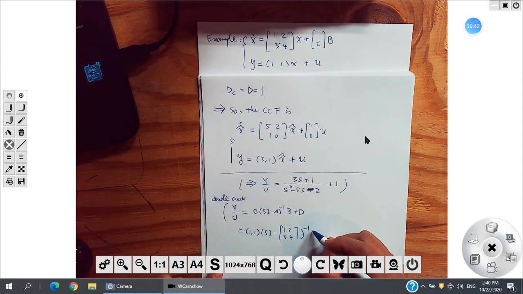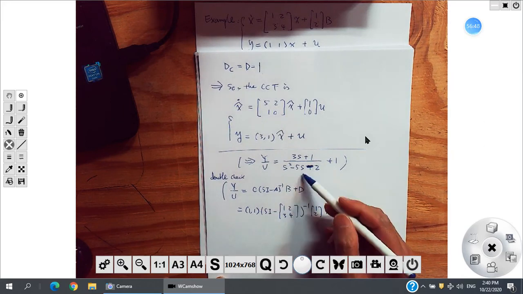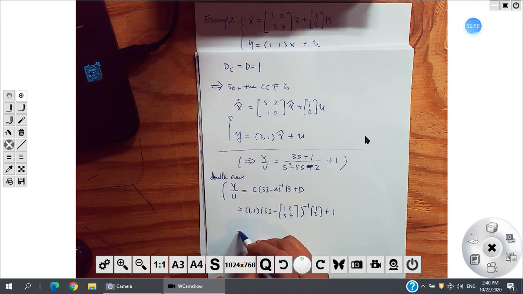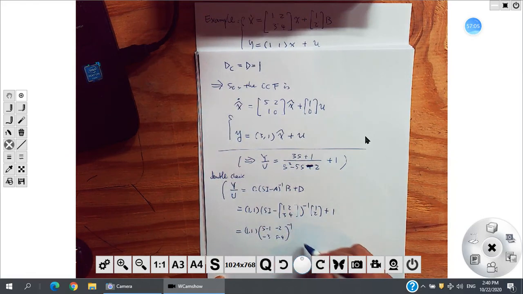And b is 1, 2. And d is 1. Okay, I want to check whether these two are same. Alright, 1 and 1, I keep it. And this one minus it, I have s minus 1, negative 2, negative 3, s minus 4, with the inverse times 1, 2, plus 1.